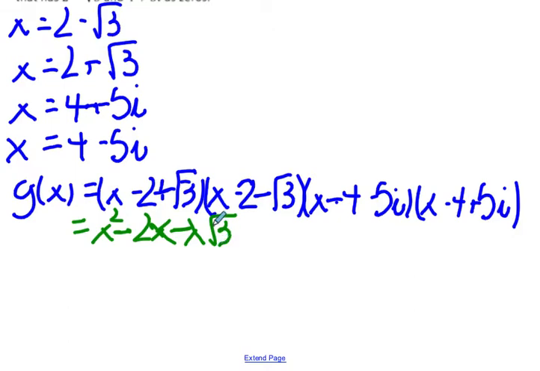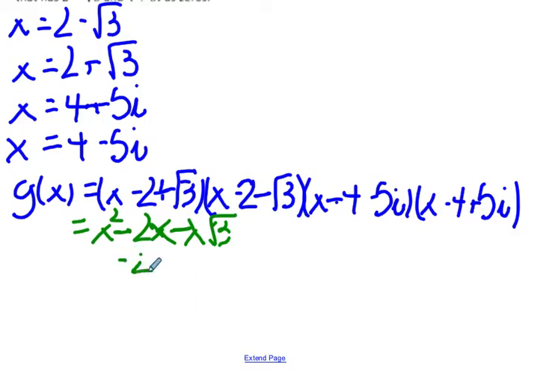So then I need to distribute through that negative 2. So negative 2 times x is minus 2x. Negative 2 times negative 2 is plus 4. I'll align your terms for you, sorry.